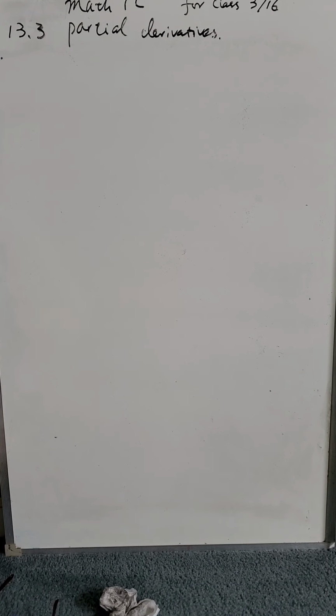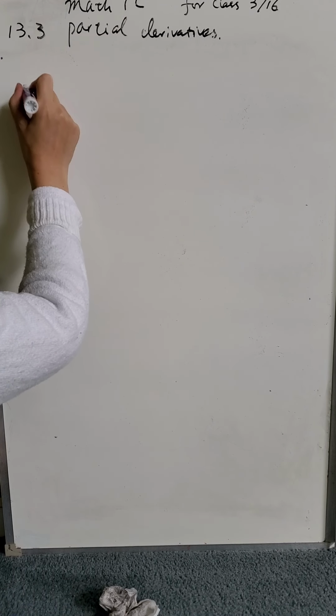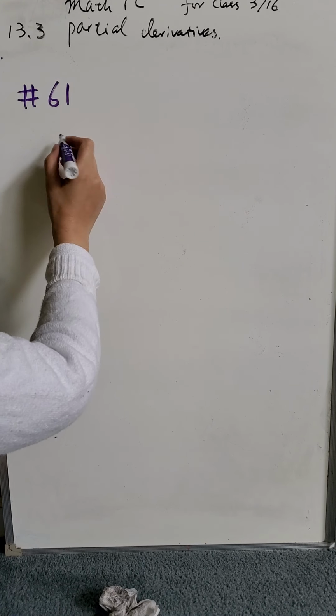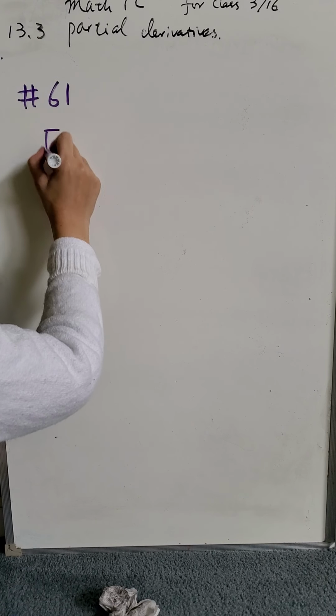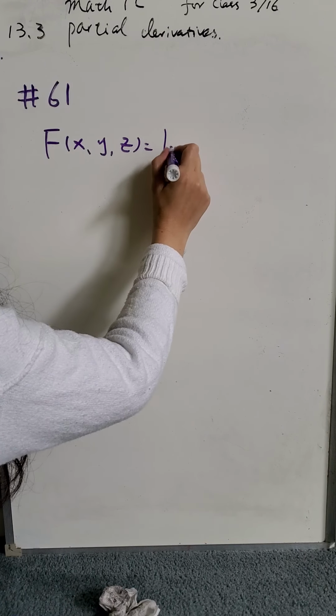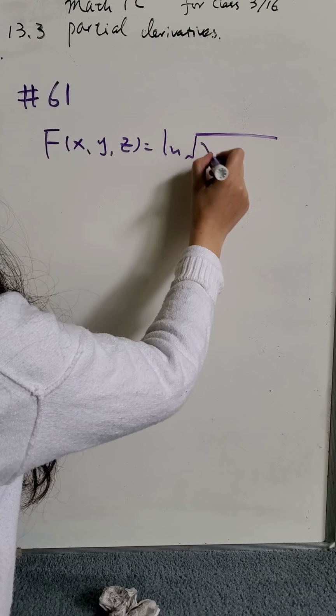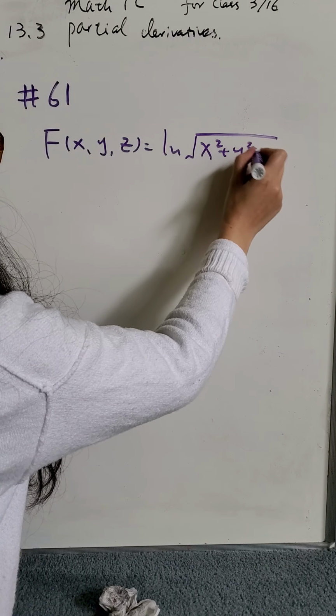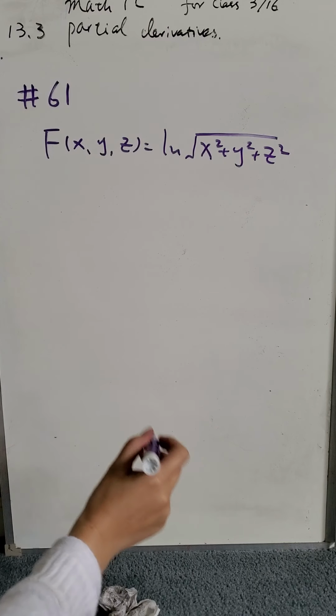We're going to do number 61, and we are given f(x,y,z) equal to ln of the square root of x squared plus y squared plus z squared.